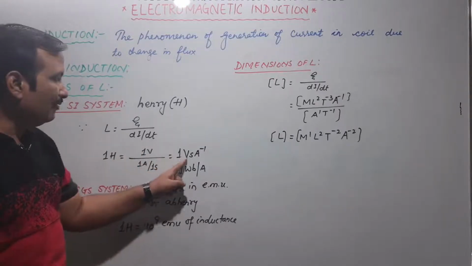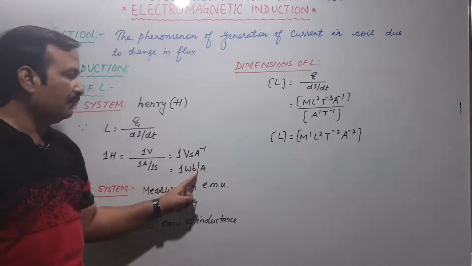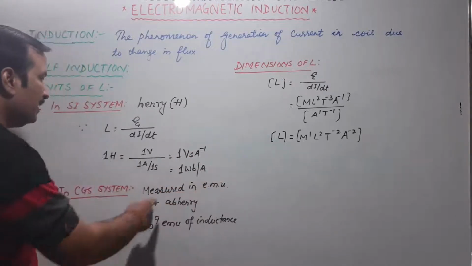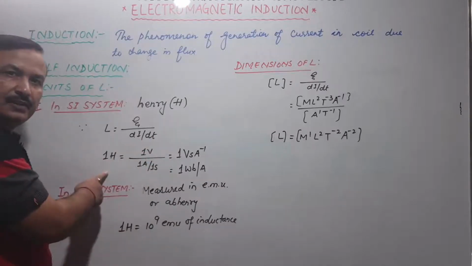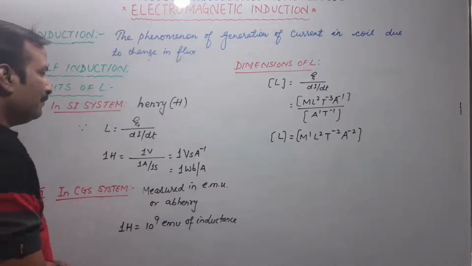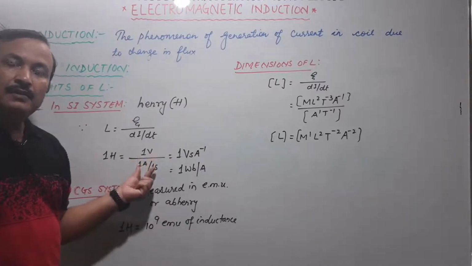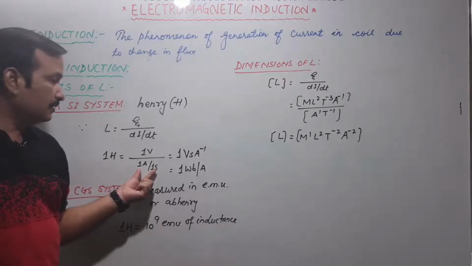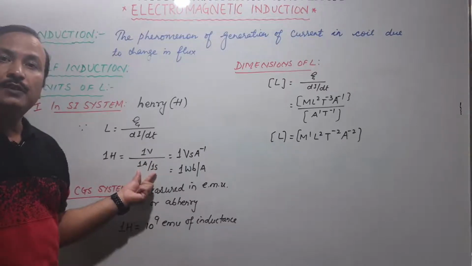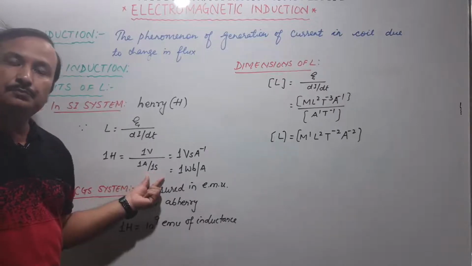So this will give you 1 volt second per ampere, and this is nothing but Weber. So we can have 1 Weber per ampere. From here we can define 1 Henry: it is the self-inductance of the coil when the EMF generated is 1 volt, when the current changes at the rate of 1 ampere per second.